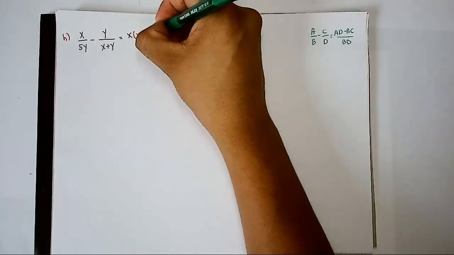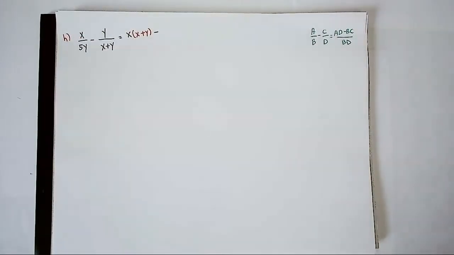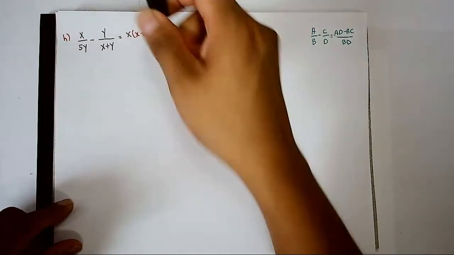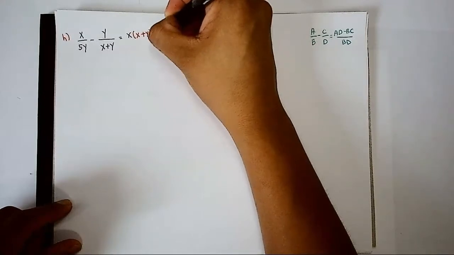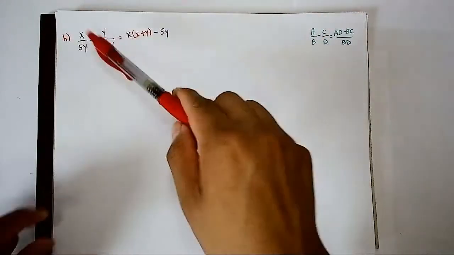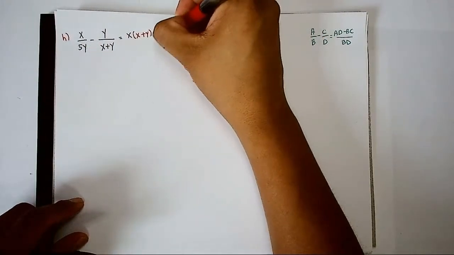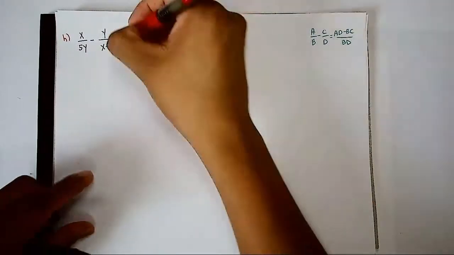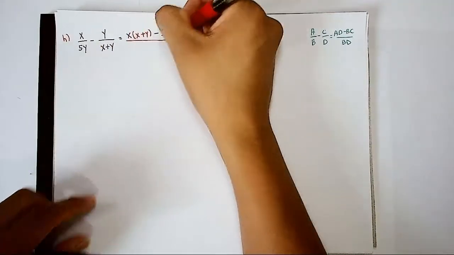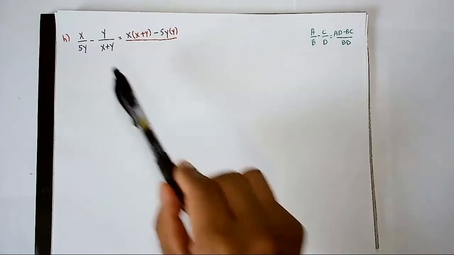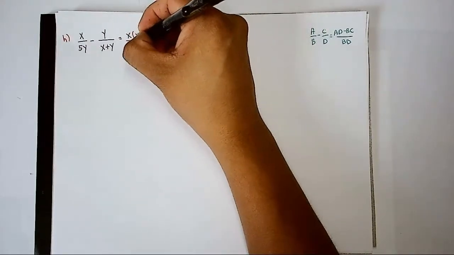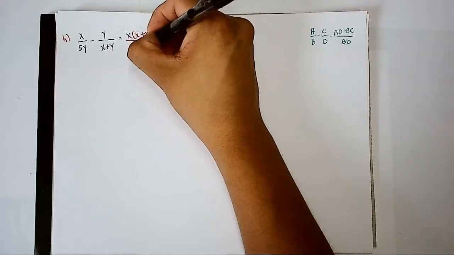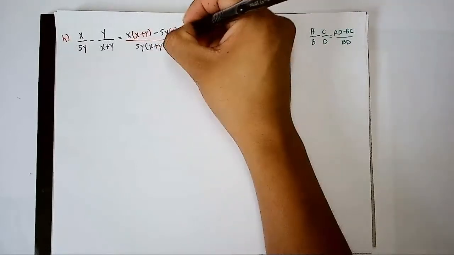Minus goes in the middle because it's a subtraction. Then 5y times y divided by the multiplication of both denominators, 5y times x plus y.